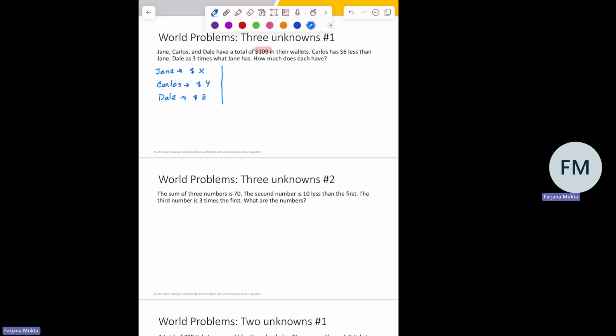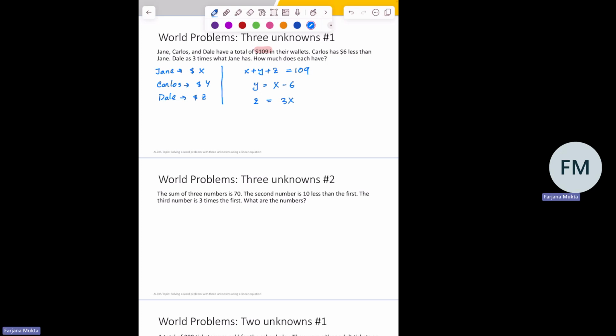So first of all, in total they have 109. So X plus Y plus Z equal $109. Then Carlos has $6 less than Jen. And for Carlos, we assigned Y. So Y is $6 less than X. And Del has 3 times what Jen has. So Z is 3 times X.